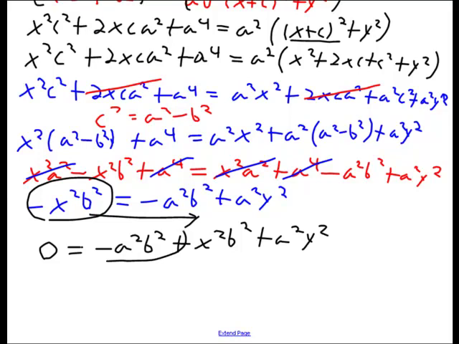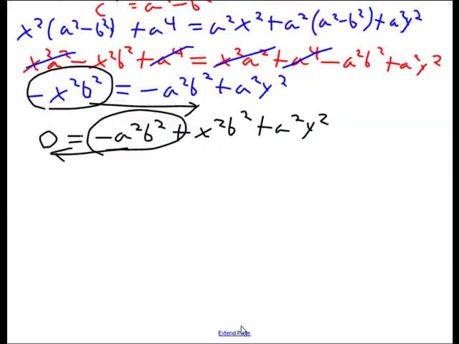Then if we take this negative a squared b squared and add it to bring it to the other side, we will then get positive a squared b squared equal to x squared b squared plus y squared a squared. Now we're almost home.